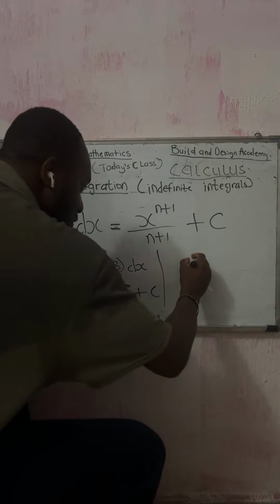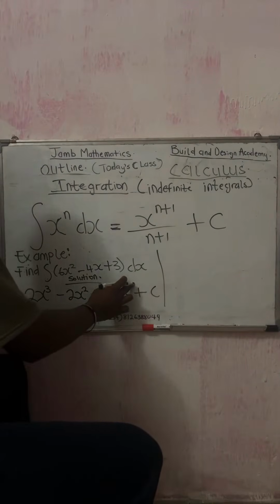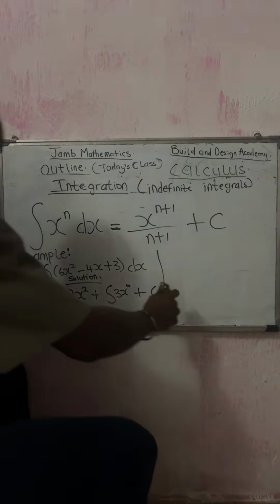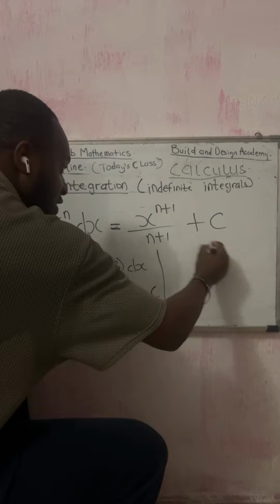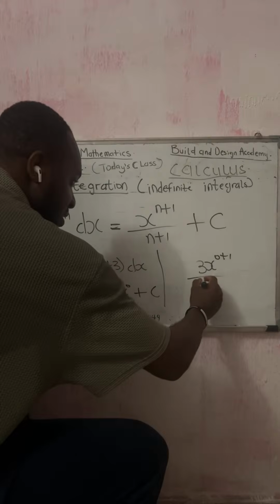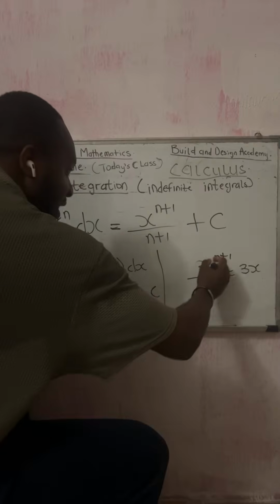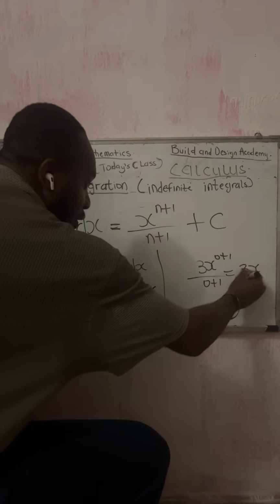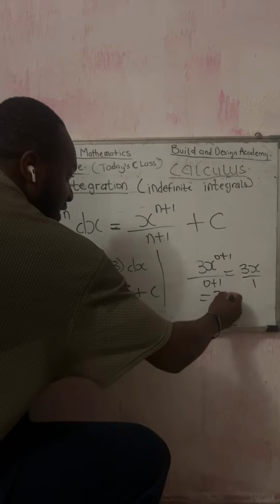Now let's do that. Our n value here is 0. The only thing that we cannot accept as our n value is -1, but we can accept our n value as 0. So we will have 3x raised to the power n plus 1, that's 0 plus 1, all over 0 plus 1. 3x raised to the power 0 plus 1 is 3x raised to the power 1, which is the same thing as 3x, all over 1, which is 3x.